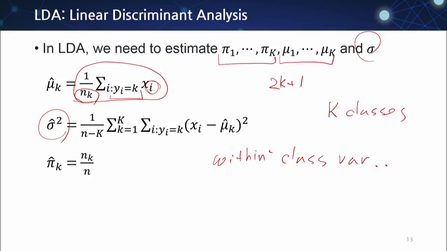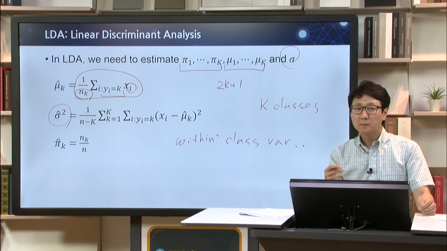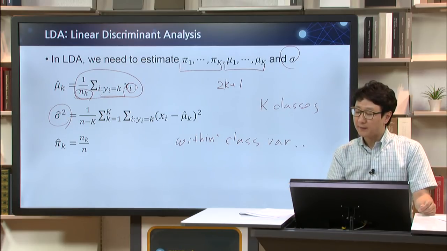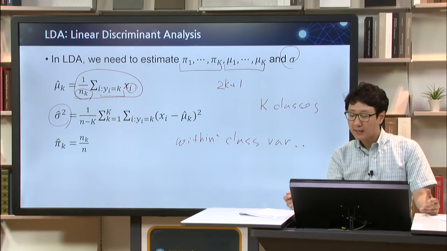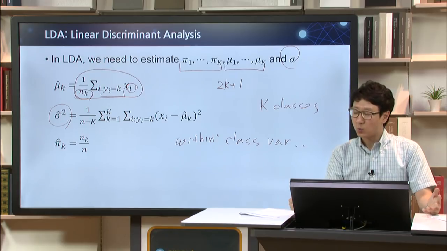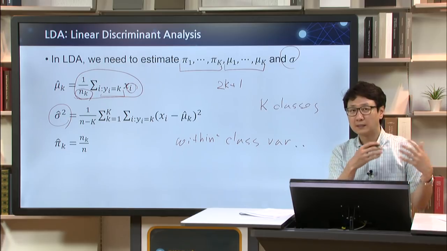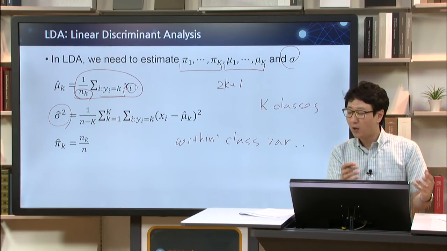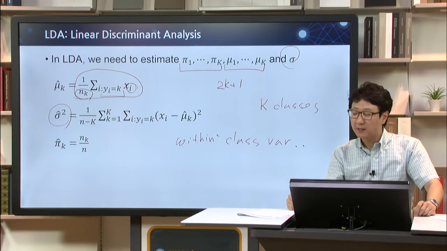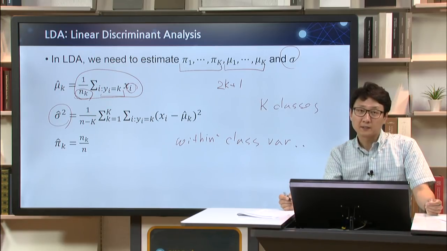We first measure the deviation of each sample from its own class mean. The squares of the deviations are summed and divided by n minus K. Why n minus K instead of n? It is a similar reason to why we use n minus 1 for sample variance, which you discussed in the statistics part of the previous course. Briefly, dividing by n minus K makes the variance estimate have an expectation equal to the true variance.